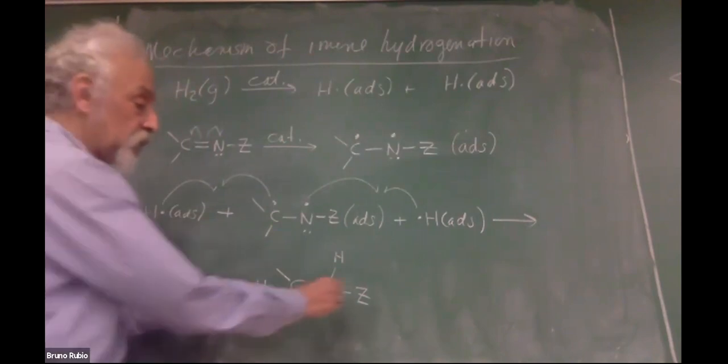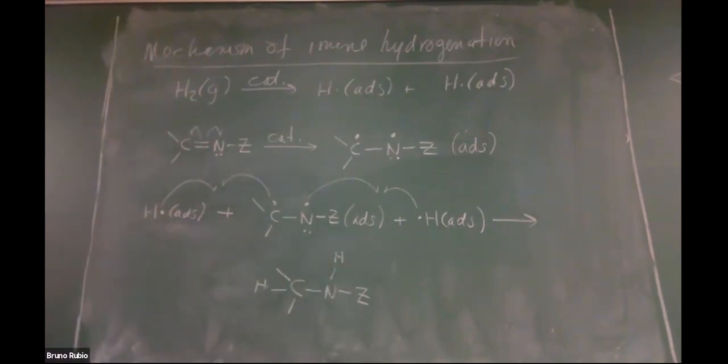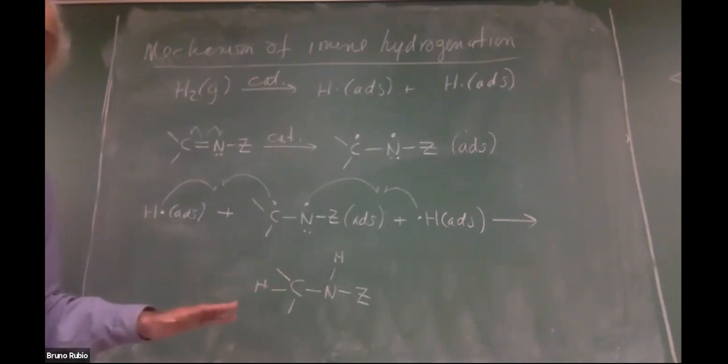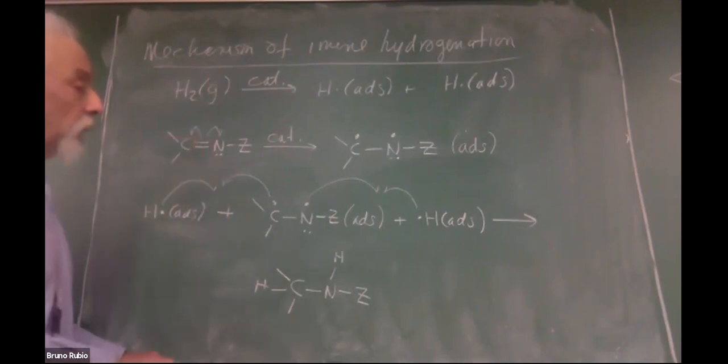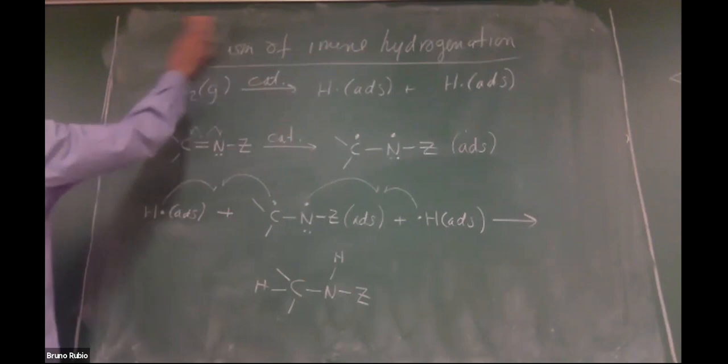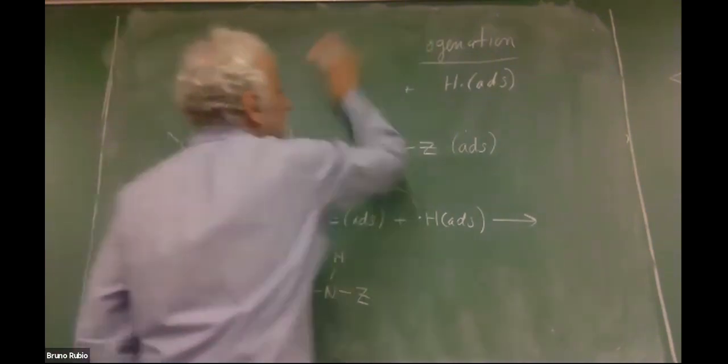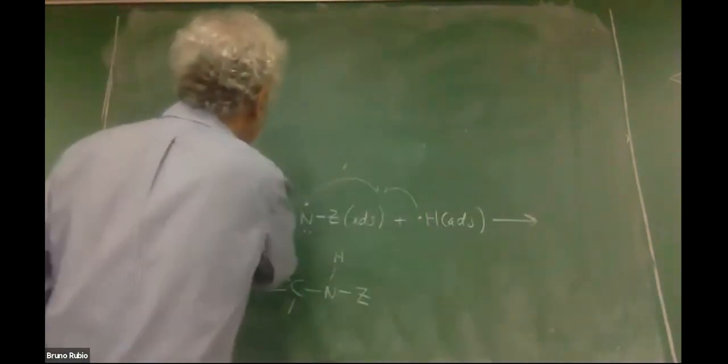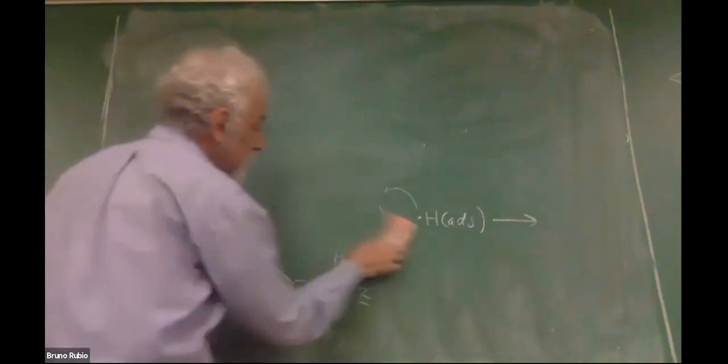And this thing dissociates from the catalyst surface, and it goes into the solution or into the gas phase or whatever. So this is the mechanism for the hydrogenation. It involves surface adsorbed species where bonds break and then bonds are reformed. Okay, so that's an important reaction of an imine.